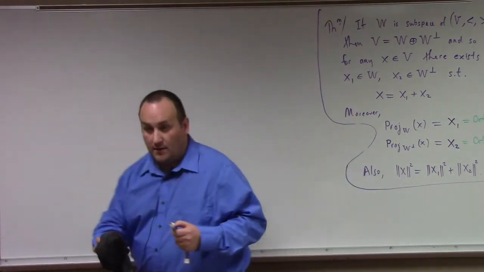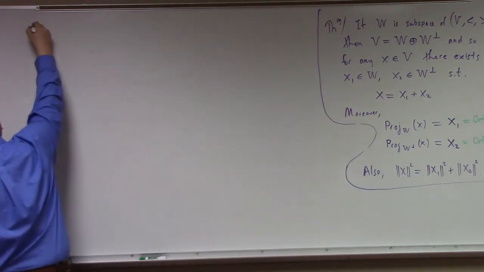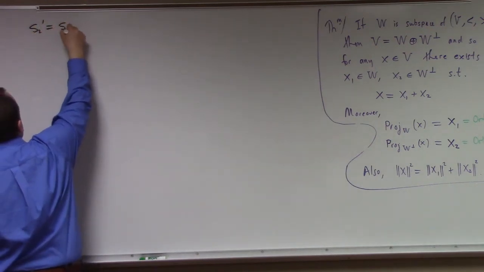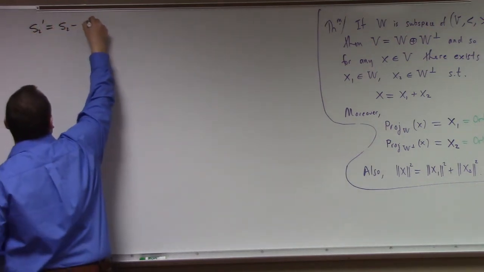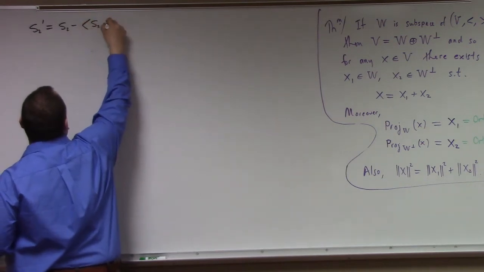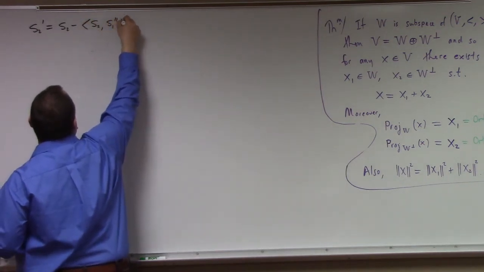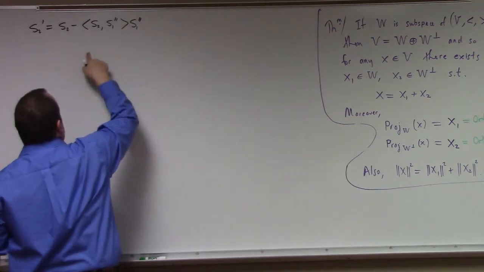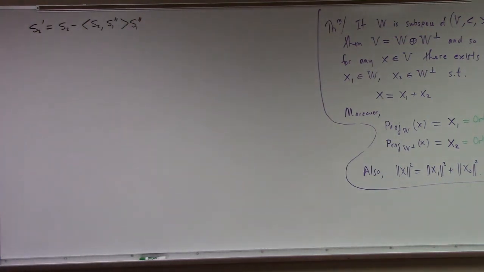Okay. So next, our S2 prime, we're supposed to calculate that by S2 minus the inner product of S2 and S1 prime prime with S1 prime prime. What this formula does is it subtracts off the piece of S2 which is in the S1 prime prime direction. So what does that mean?